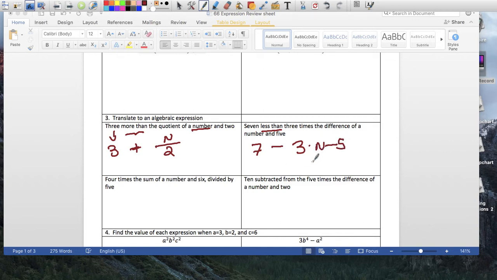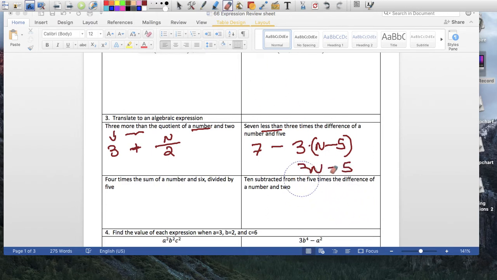But I shouldn't write it this way because I'm multiplying the 3 times whatever I get from my subtraction, so that has to come in parentheses. 3 times the difference of a number and 5 is this. Because if you leave it without parentheses, it says 3 times a number and then subtract 5, which is not what I want.